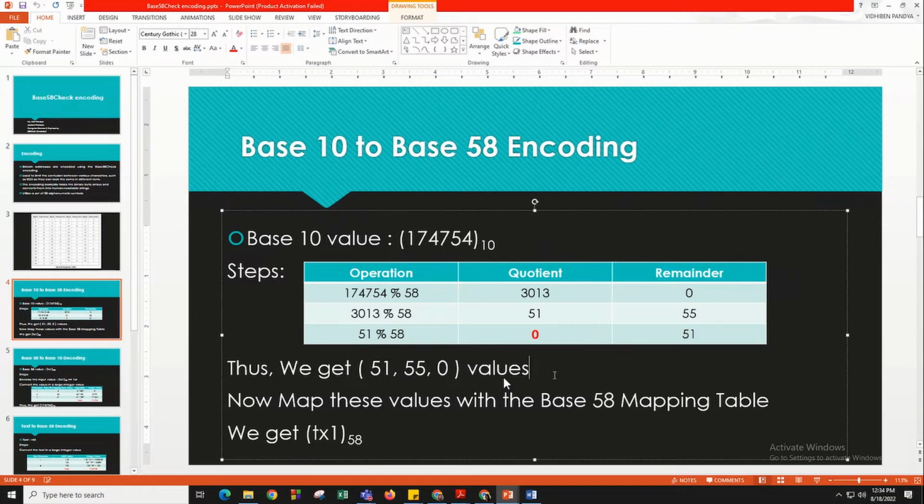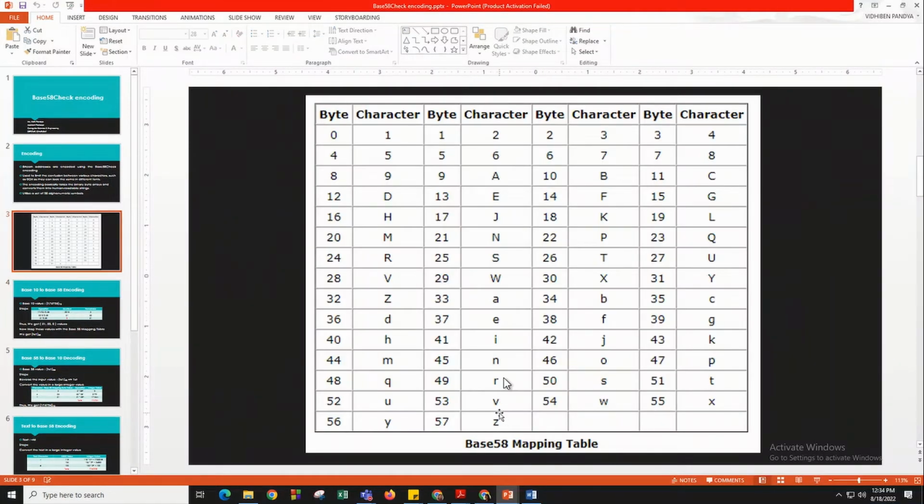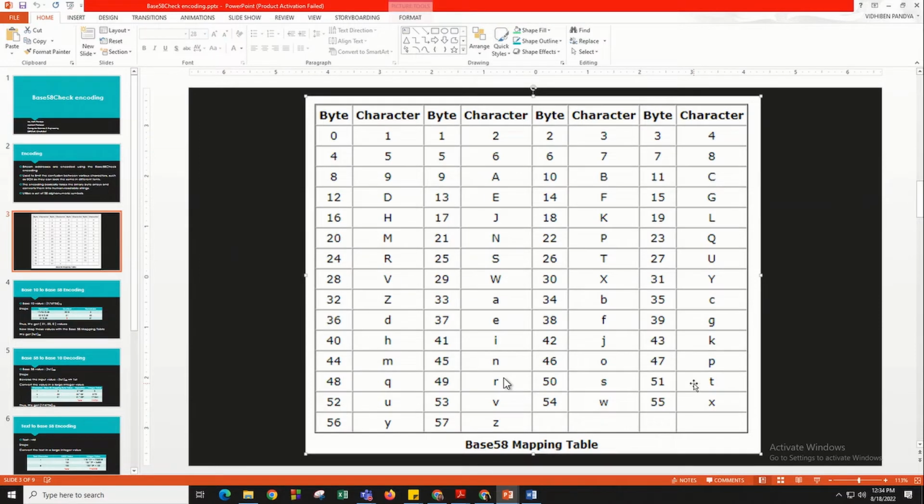Now what is the next step? We are just going to map these values with the table. If we see 51, who is at 51? T, right? This is the table.